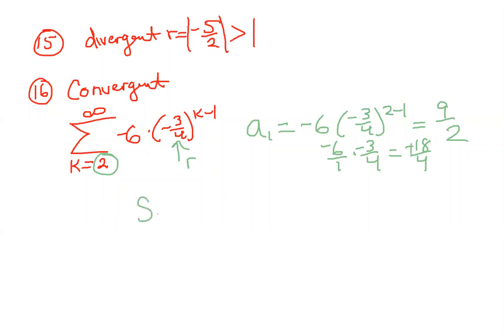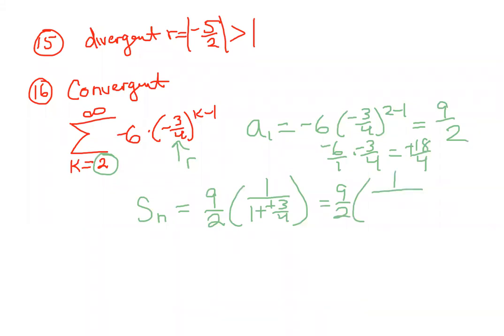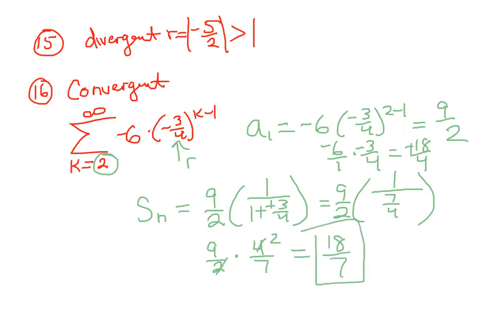So then we say Sn equals 9/2 times 1 over 1 minus negative 3/4. So that is 7/4 down here. So that becomes 9/2 times 4 over 7, which is 18 over 7 for your answer. And that is the end of this section.